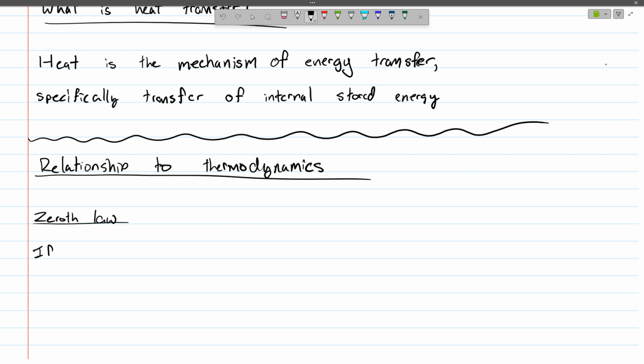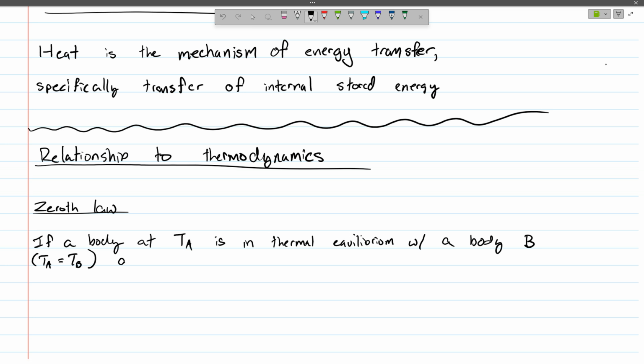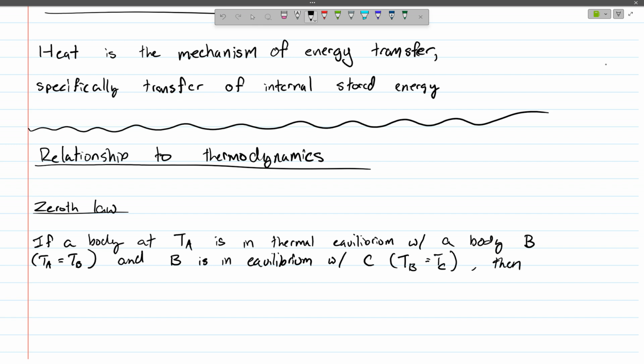It says, if a body at temperature TA is in thermal equilibrium with body B, such that temperature A is equal to temperature B, and B is in equilibrium with C, such that TB is equal to TC, then A and C are also in equilibrium.